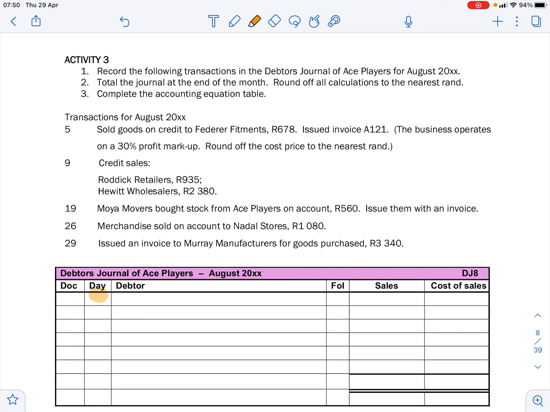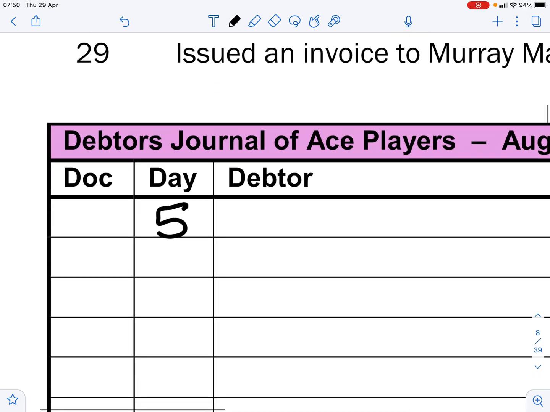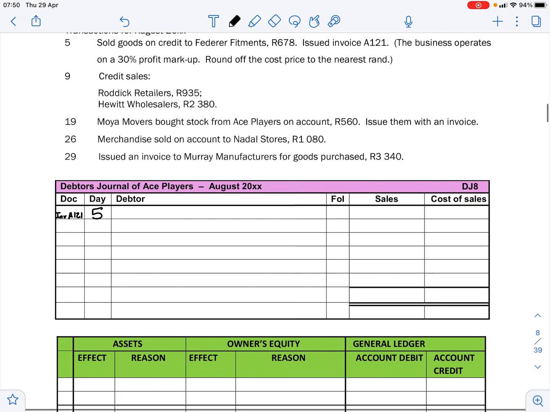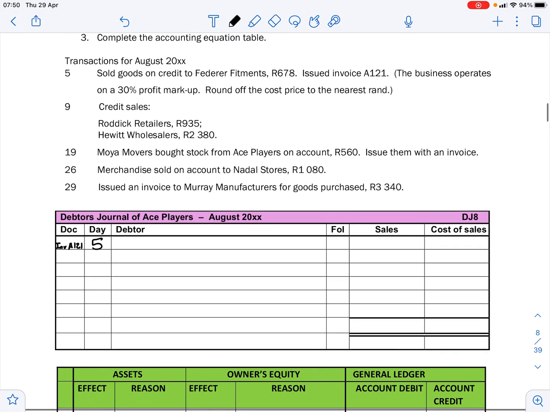So, the date was the 5th. We then have the document number, which was invoice A121. The debtor, this is the person purchasing from us.